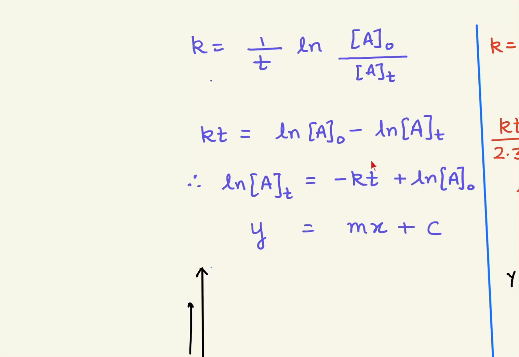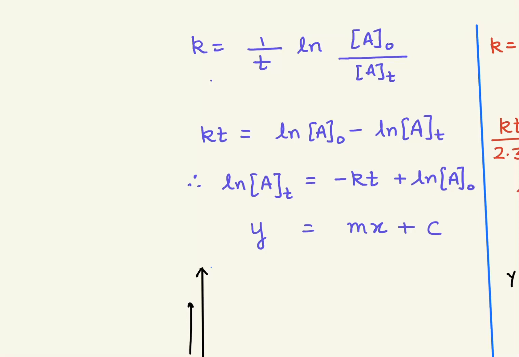Now, how is the concentration changing? It is changing vis-a-vis time. So that means my x corresponds to t. Natural log of a0, that's the initial concentration you are taking, which is constant. That's a fixed value. That's not going to change with time. The concentration changes with time. What you start with in your reaction is a fixed value, right?